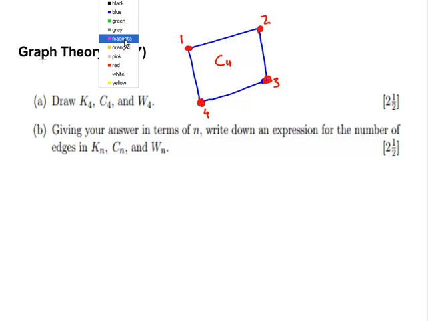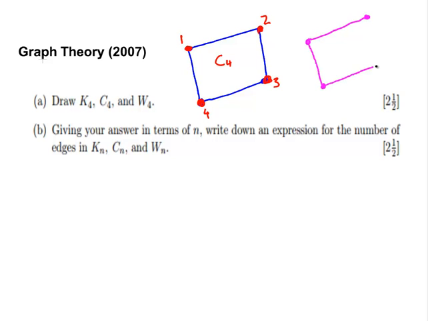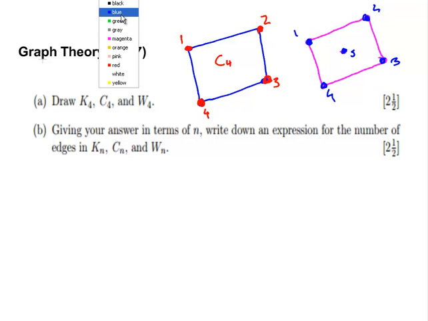And we'll draw W4 as well. And again, it has 5 vertices. Watch out for that. By the definition, it'll have 5 vertices. 1, 2, 3, 4, and 5. And again, they are connected up. The 5th one, the last one, is connected up to the original 4. So it looked like that.